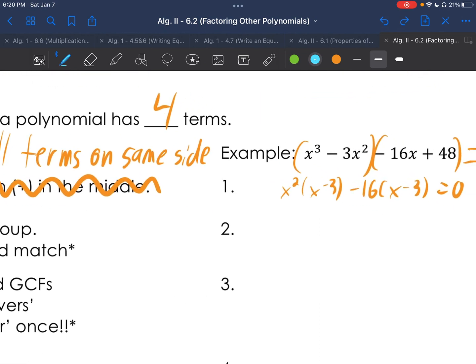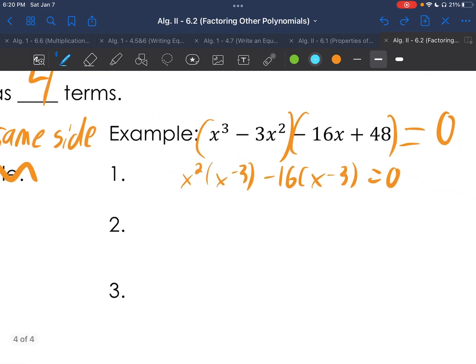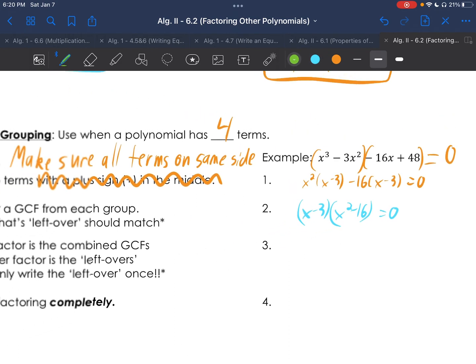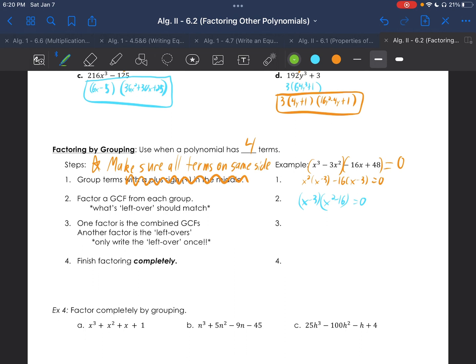So we're going to end up getting x minus 3 in one parenthesis, and x squared minus 16 in one parenthesis, and that equals 0. And then here, this one happens to have an extra step by factoring it completely, and we're one step ahead because we just drew those parentheses where it was already written rather than in example 1.